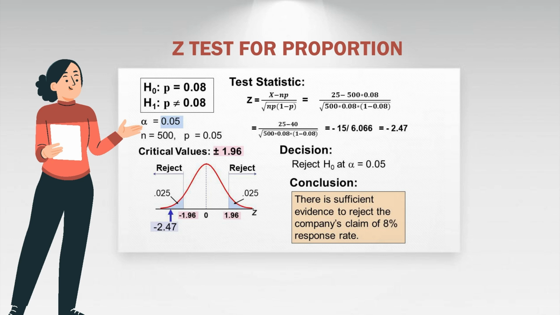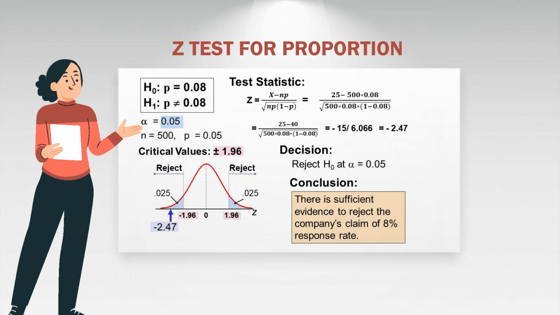So when we assume the null hypothesis is true, X we know from the sample is 25, n our sample size is 500, and P under the null hypothesis is equal to 0.08. Similarly, coming to the denominator part, n is 500, P is 0.08, 1 minus P is 1 minus 0.08, and the square root of this.